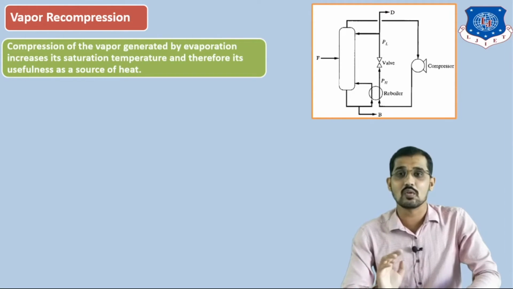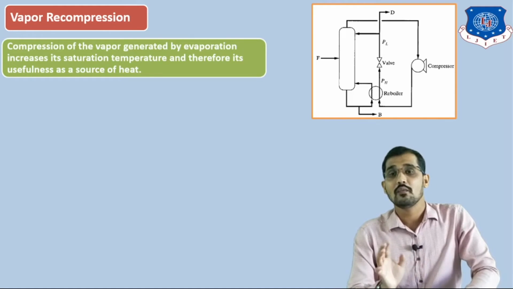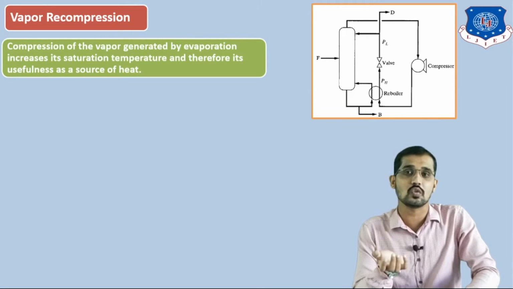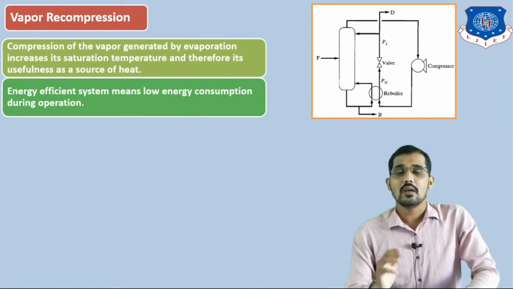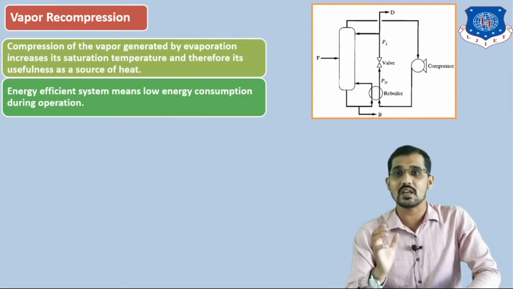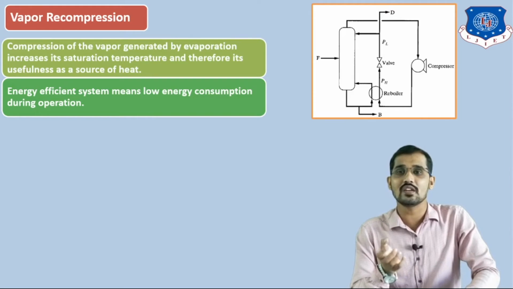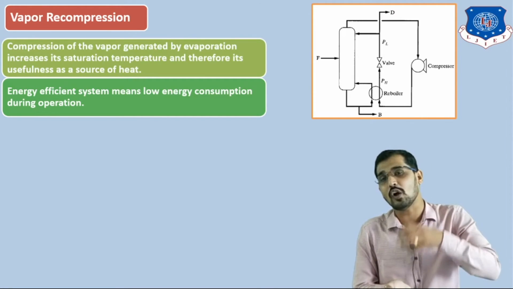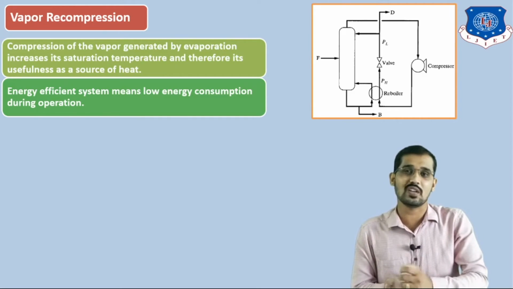So this is the concept of vapor compression, where we are not using a condenser; we are using the vapors coming from the top section of the distillation column as the heating source in the bottom section. The next point is that this process is an energy efficient system, or I can say here we are using low energy. Why? Because we use vapor generated from the top section as the heating source after compressing it in the bottom section.